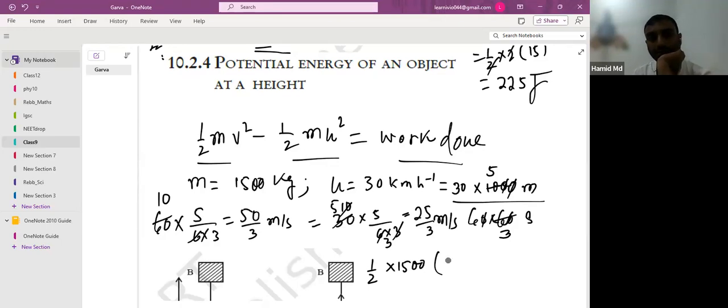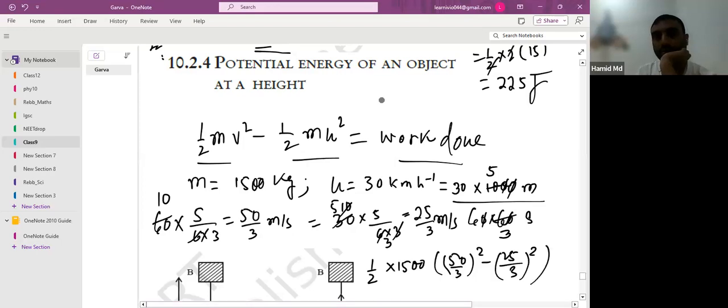So v is 50 over 3 square minus u is 25 over 3 square. And we all know a square minus b square is a plus b into a minus b. So I'm going to do this only.